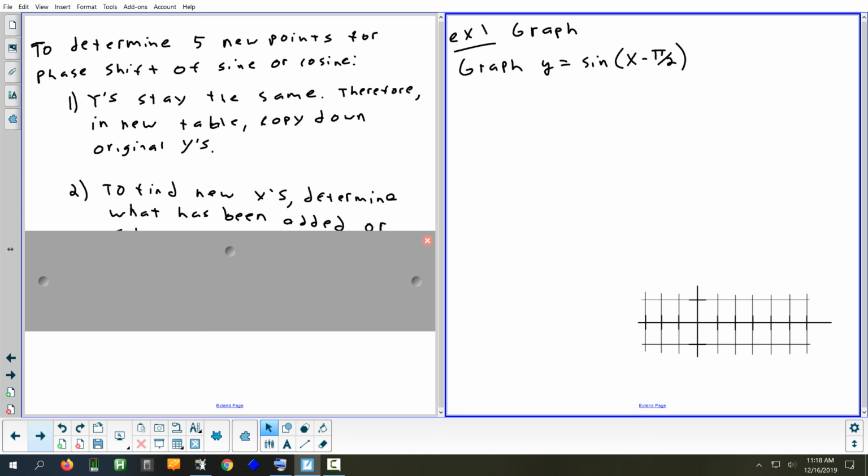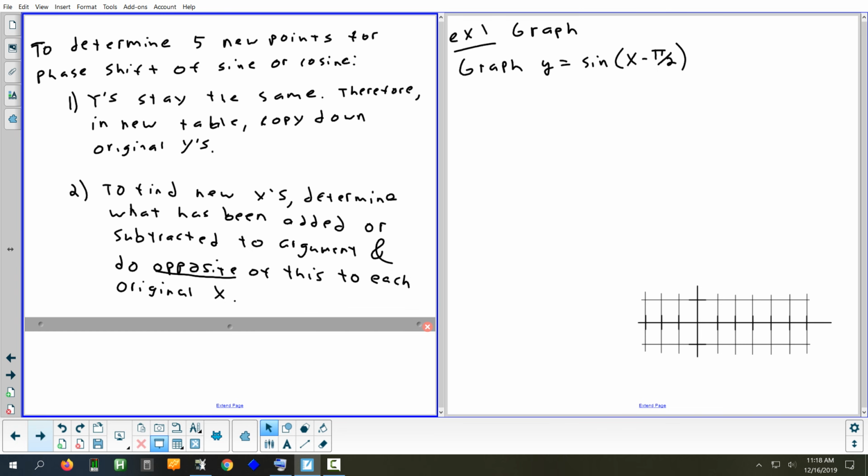If you have a coordinate and you want to move it to the right, what do you have to do to the x value? If you subtract a number from the x value, that's going to make it smaller. That's going to move it to the left. So you have to add, right? That's why the directions say, look at what's been added or subtracted and do the opposite.